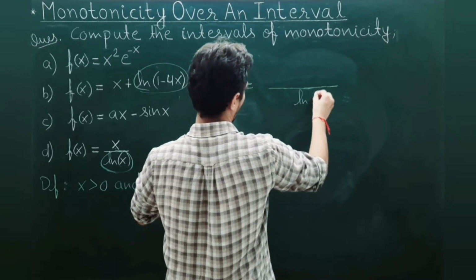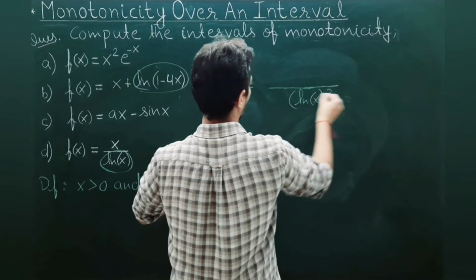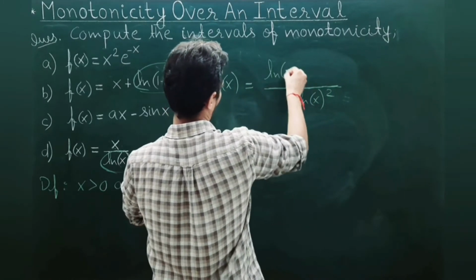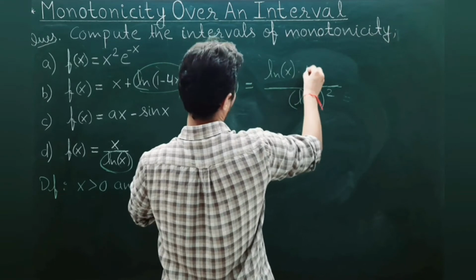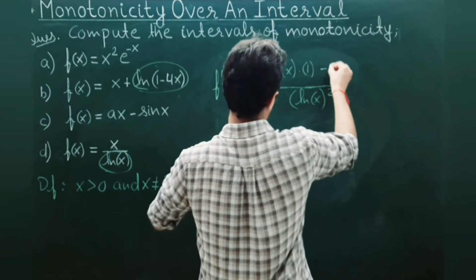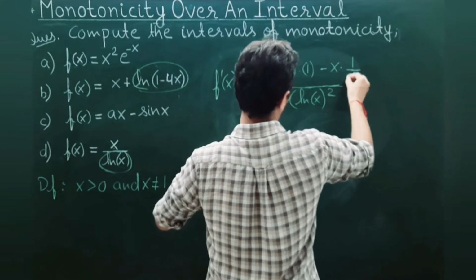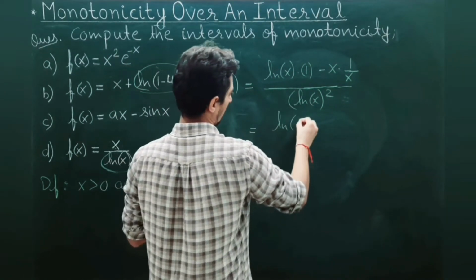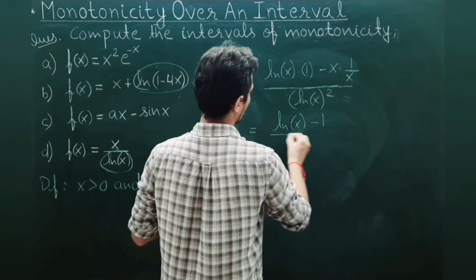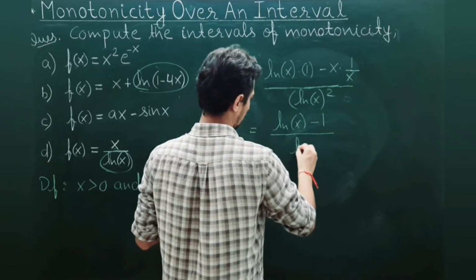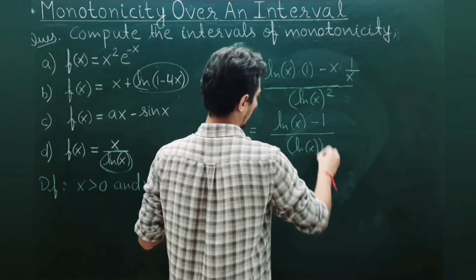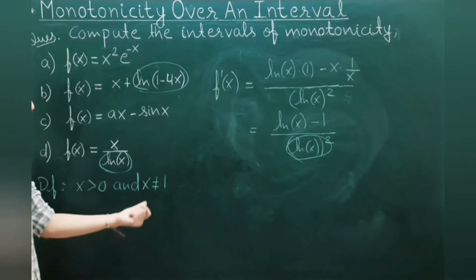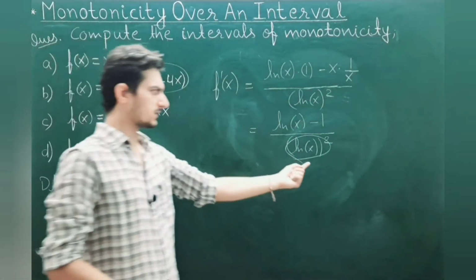Here I have (ln x) square in the denominator, and in the numerator ln x into the derivative of x, which is 1, minus x into the derivative of ln x, which is 1 upon x. So in simplified form I have (ln x minus 1) upon (ln x) whole square. This is not equal to 0; I've already taken the condition that x must not be equal to 1. Again, now it is a square, so positive.